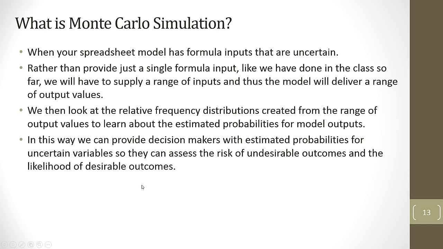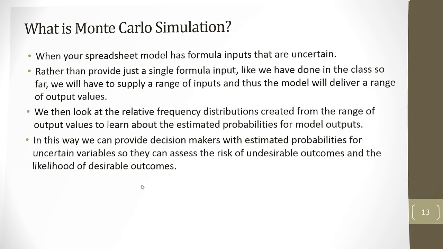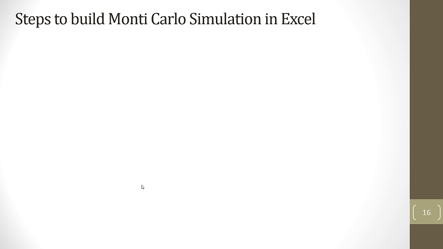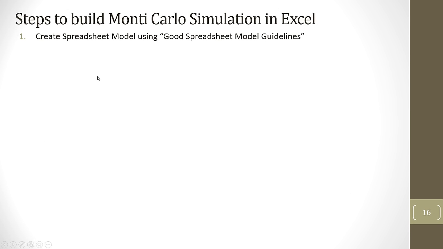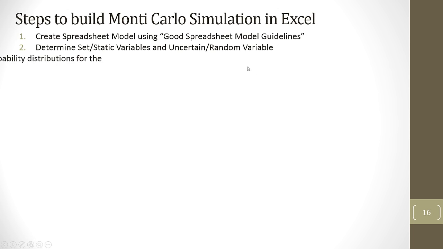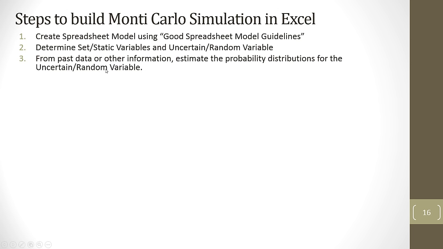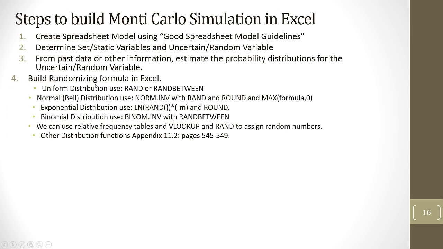Now let's go to slide 16 and review the steps for our Monte Carlo simulation. Step 1, create a spreadsheet model using good spreadsheet model guidelines. Number 2, determine the set or static variables and the uncertain or random variables. Step 3, from past data or other information, we have to estimate the probability distribution for our uncertain or random variables.